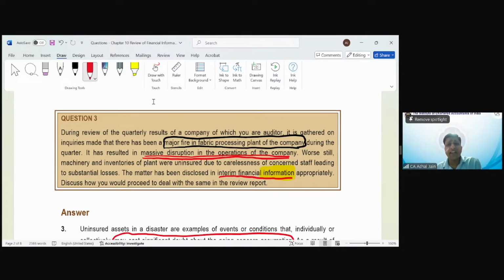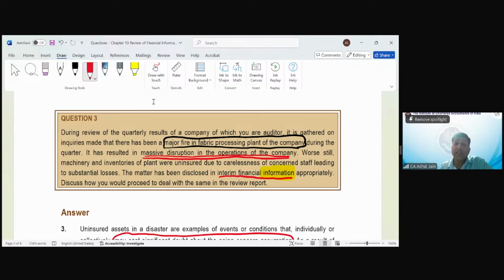But can we say that in the given situation? We don't know. It doesn't appear to be like that. Of course, there are losses, but to say that the company will now come to an end, we don't know. The fact pattern doesn't talk about it. But one thing is very clear: even if the company doesn't come to an end, they will be facing significant problems. So material uncertainty is definitely involved.